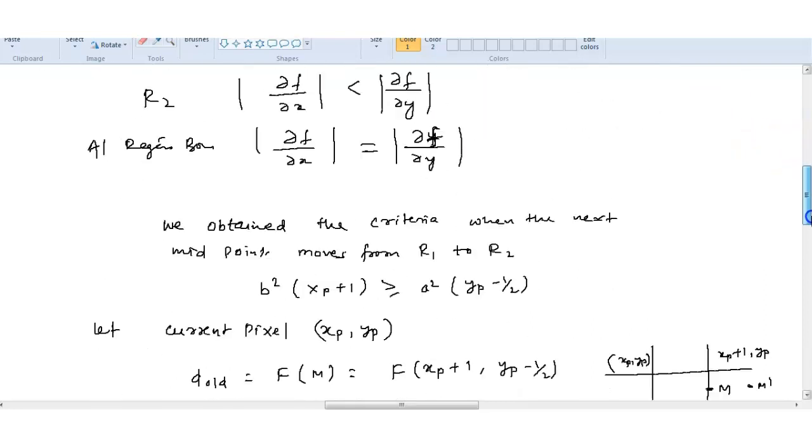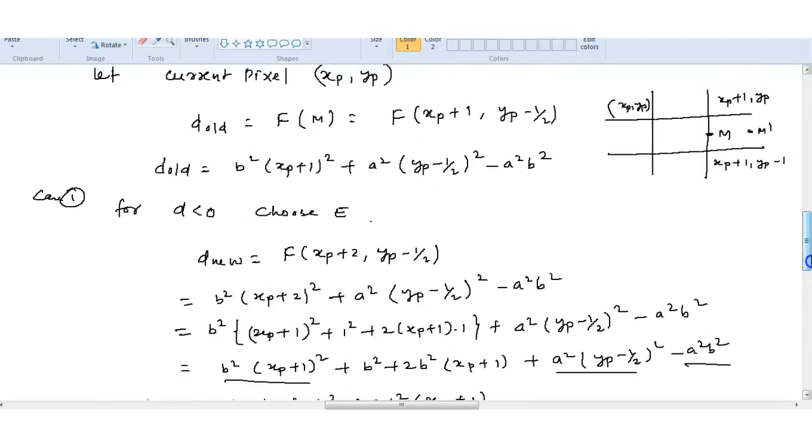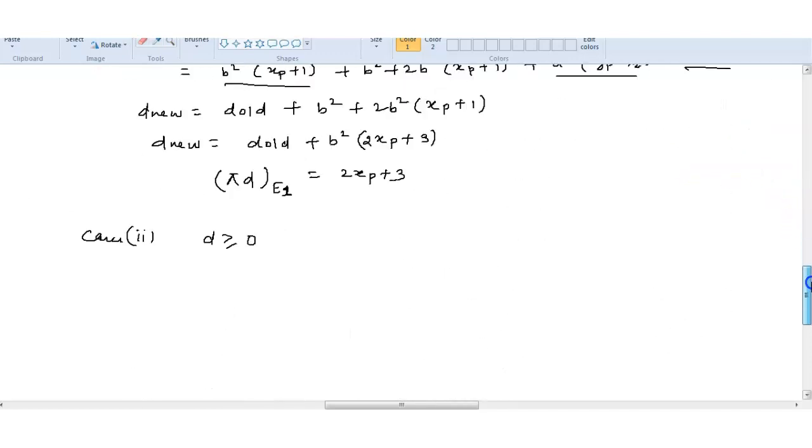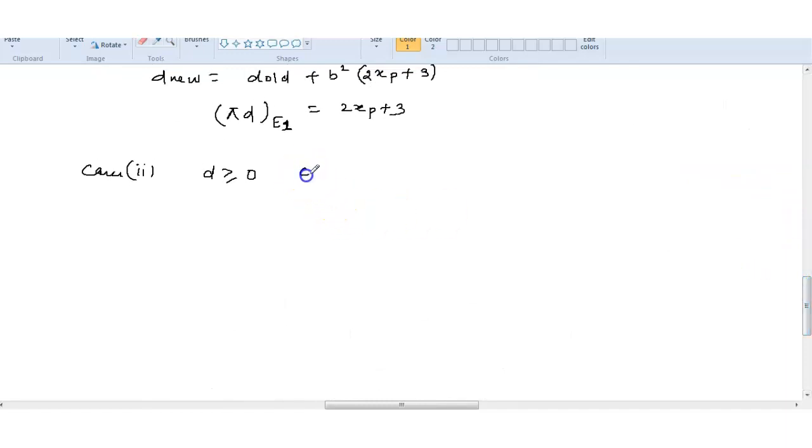I will show it here. The circle is passing here, and this ellipse is passing over here, and this M is lying outside. So this ellipse line is now closer to the southeast, so we will choose southeast.